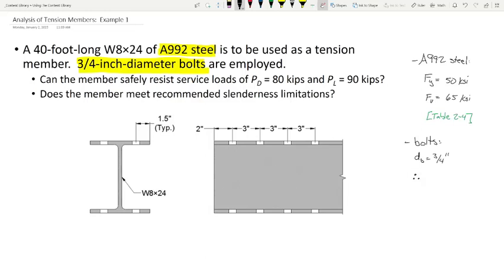What does that tell you? If I know the bolt diameter is 3/4 of an inch, where do I go next? Add an eighth to get what? 7/8. That's the hole diameter, the effective hole diameter.